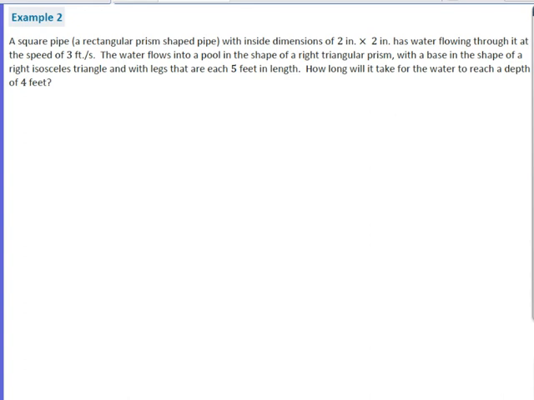So just to give us an idea here, I'm going to draw a little sketch of the pipe. And we know the pipe is 2 inches by 2 inches. And we're using this pipe to fill a pool, and these are obviously not to scale, but it is a triangular prism.